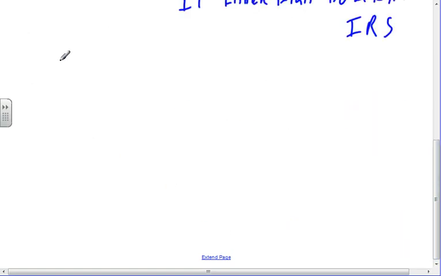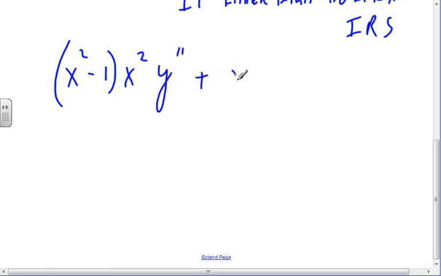Now, let's say I've got x squared minus 1, x squared y double prime plus x y prime plus y is equal to 0.